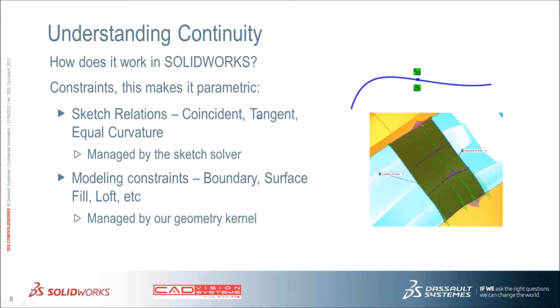In SolidWorks, constraints are added via sketch relations: coincident, then you add a tangent, and finally you add an equal curvature. Of course, you can add an equal curvature straight away, or add a tangent too. From the viewpoint of surfacing, the constraints will be boundary; when you're using your loft or your boundary, there are always options to add tangent to the edges and so forth.